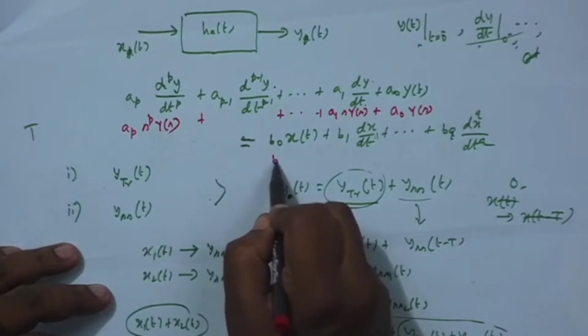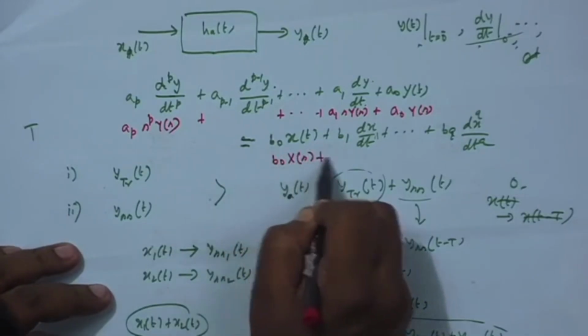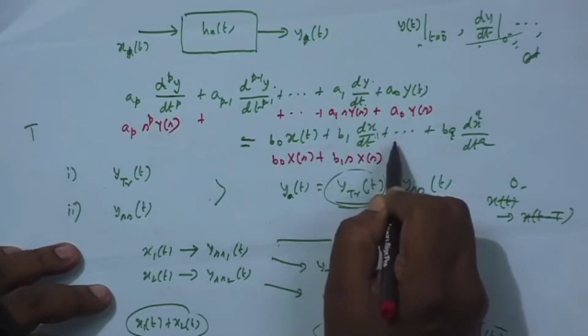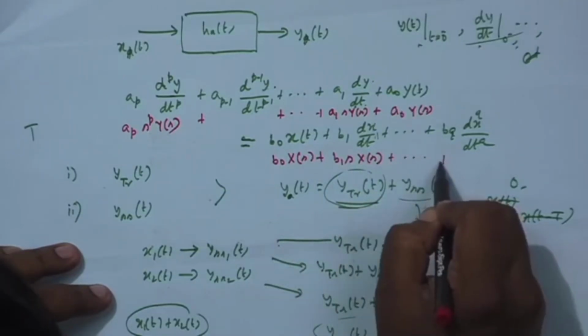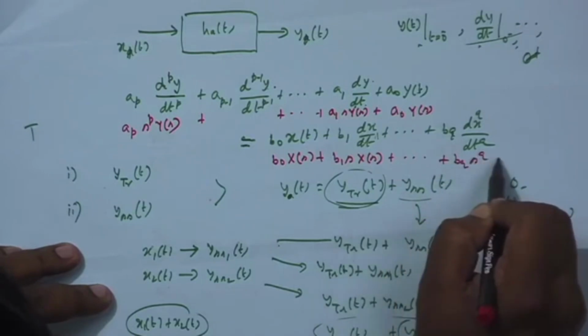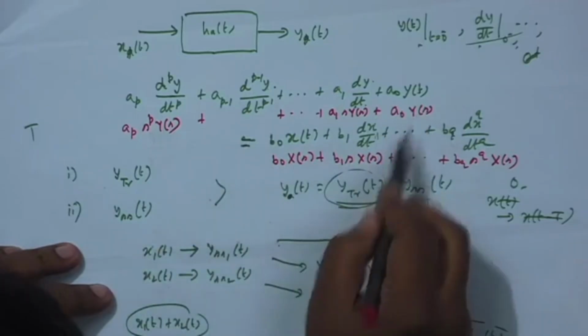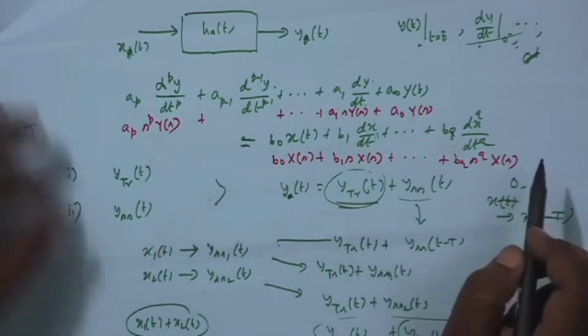And here it will be B0 X(s), then B1 s X(s), then B2 s square X(s), dot dot dot Bq s to the power q X(s). So, Y(s) you take common, X(s) you take common, and you take the ratio.